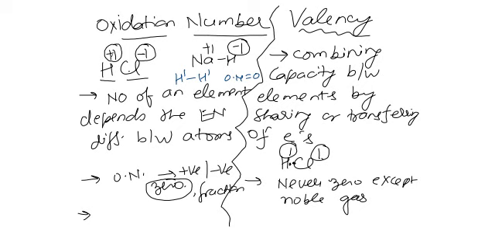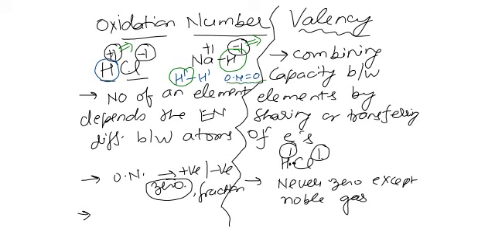So for the same element, hydrogen, the oxidation number is +1, -1, or maybe 0.